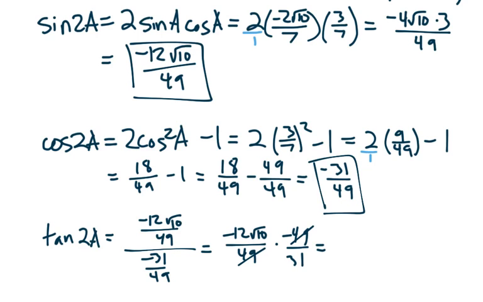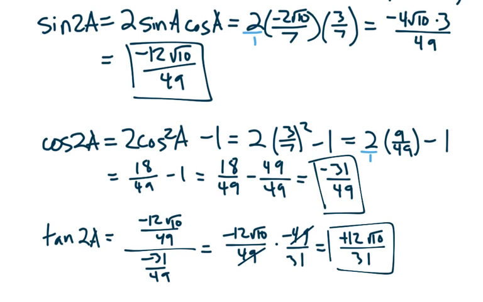Negative times negative is positive. Negative over negative, again, positive 12 radical 10 over 31. You could use the tangent double angle identity, just like you could use either of the other two cosine double angle formulas. But this is totally valid and acceptable, and we should be able to do this.